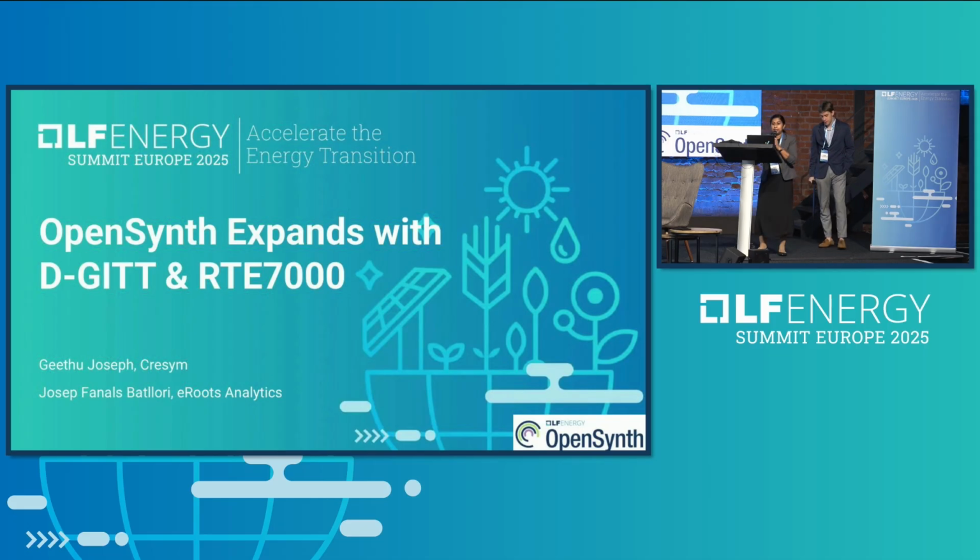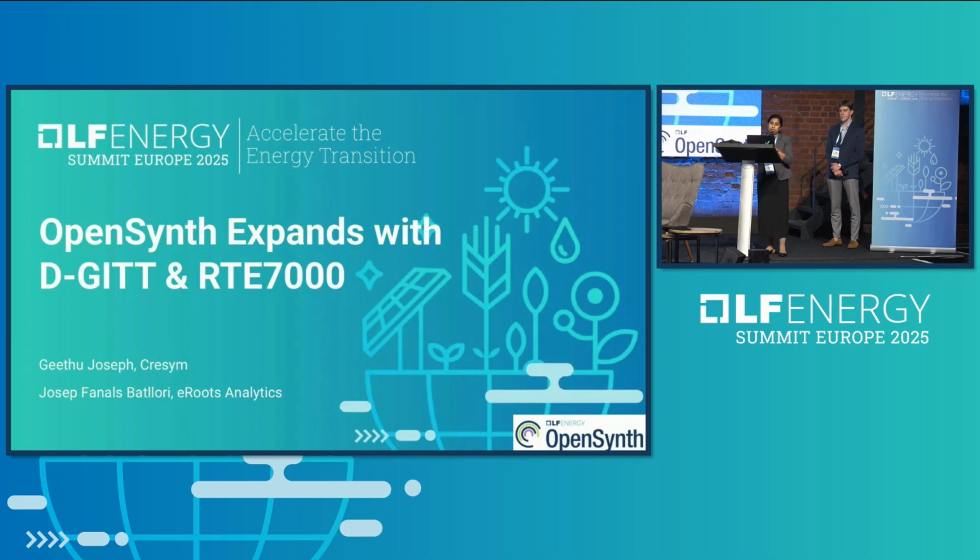In this session, we will talk about how OpenSynth expands with D-GITT and RTE7000. OpenSynth is an open data community launched by Center for Net Zero, CNZ, and it is an LFE project. Its purpose is to open access to AI-generated synthetic data that accelerates the decarbonization of global energy systems.